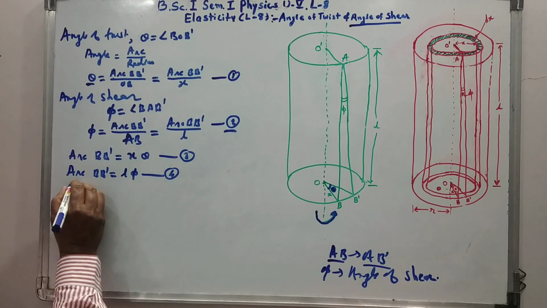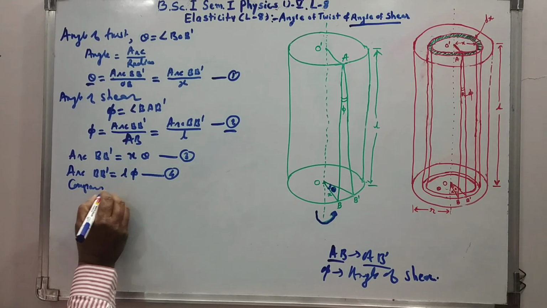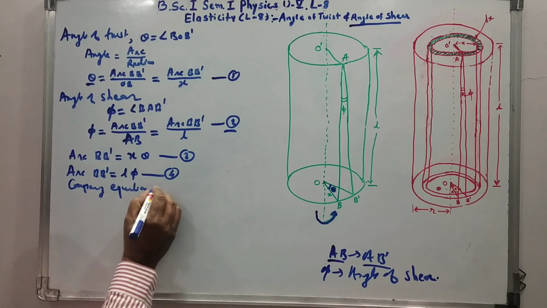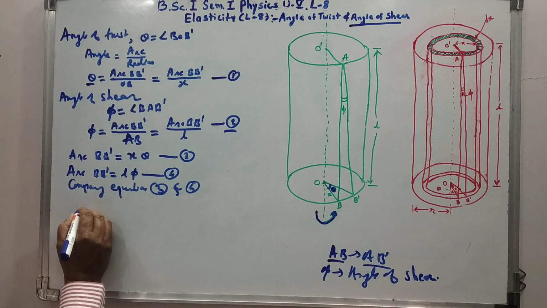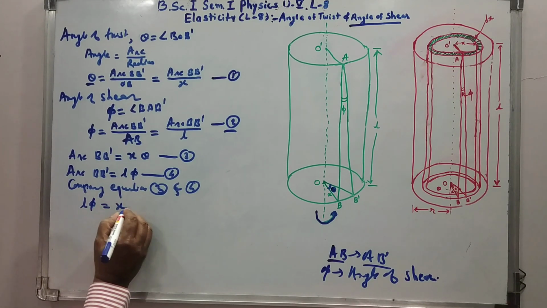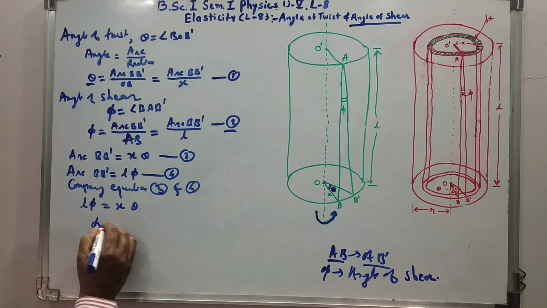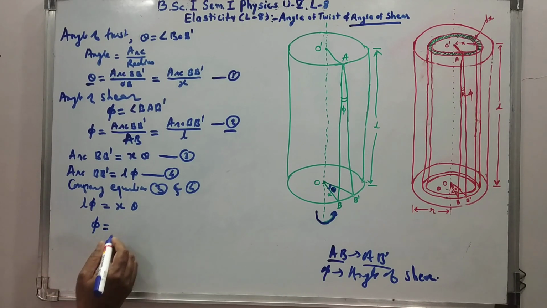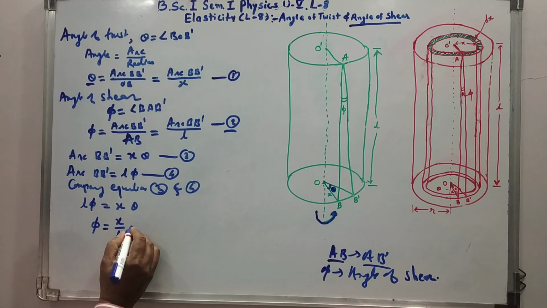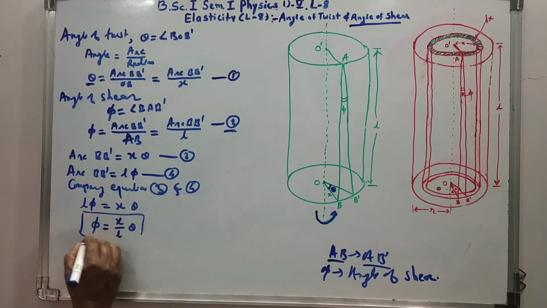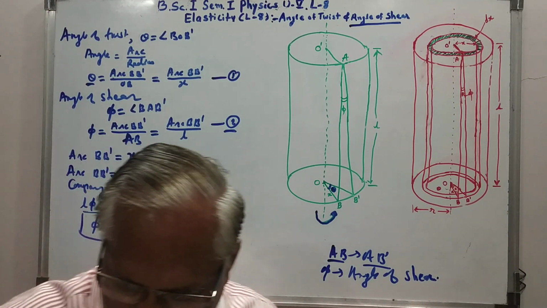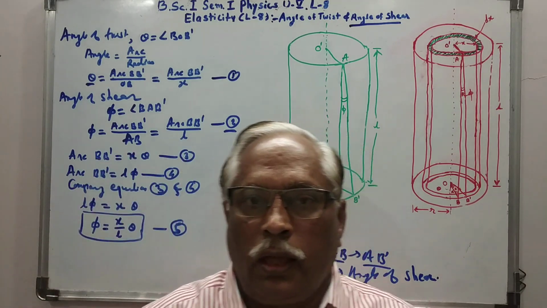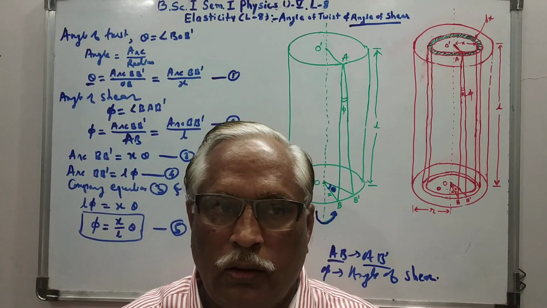Comparing equations 3 and 4, we have L phi equal to x theta, or the angle of shear phi is equal to x by L theta. This is equation number 5. This equation 5 is the relation between the angle of twist and the angle of shear.